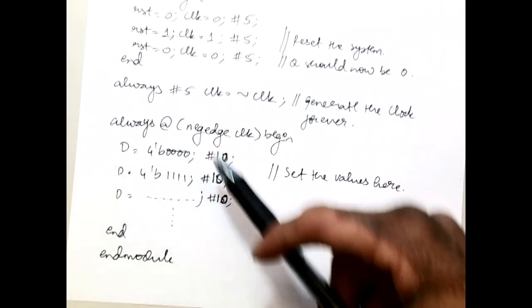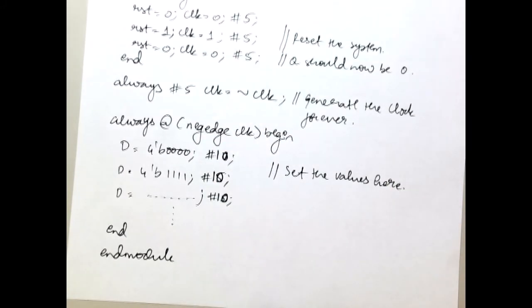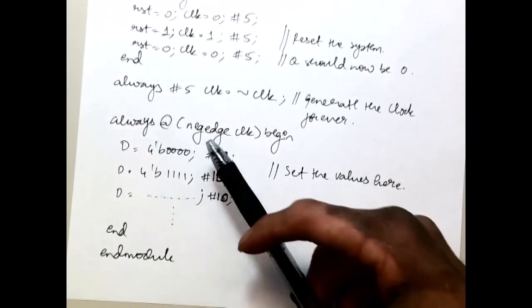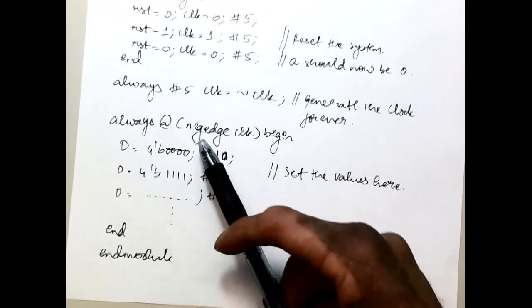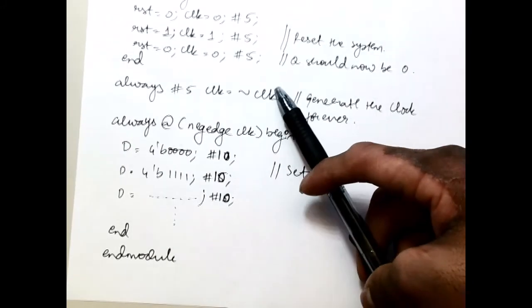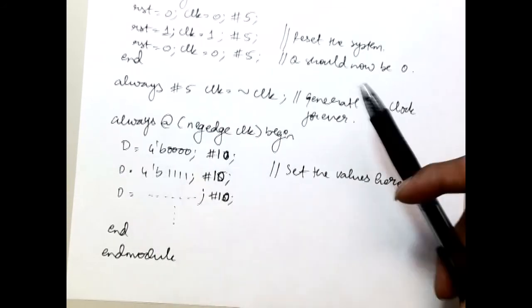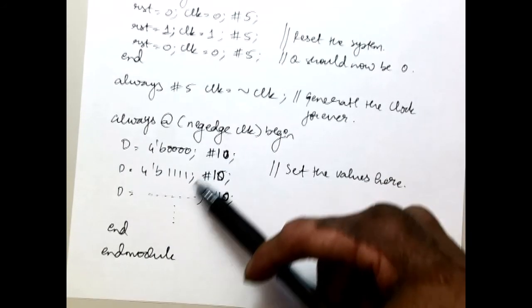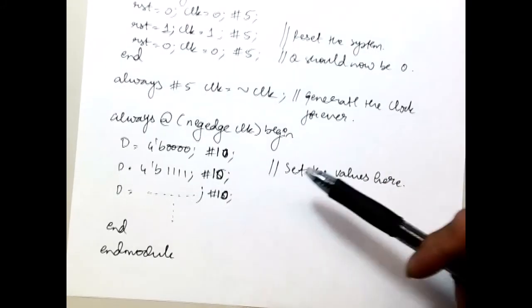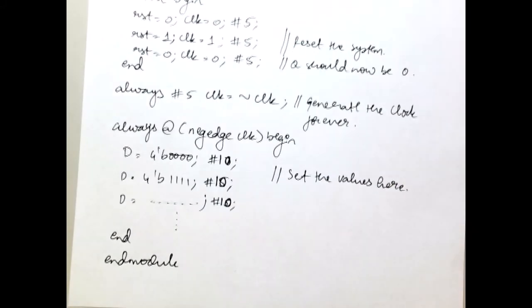It's just double. You can use that as a small rule of thumb. The idea is that if I set the value of D on this negedge, on the following posedge, this value of data is going to be read by my D flip-flop, and I'm going to get my output. And you keep doing that. You can either put a for loop or, as in my case, I've just hard-coded those values.